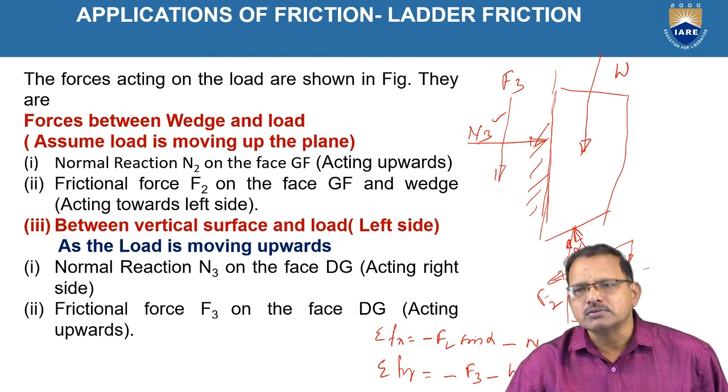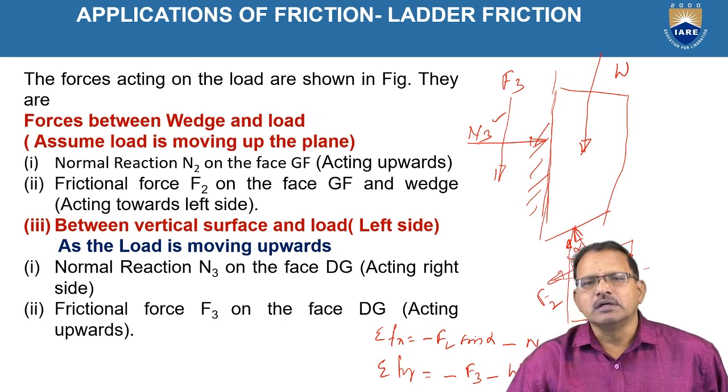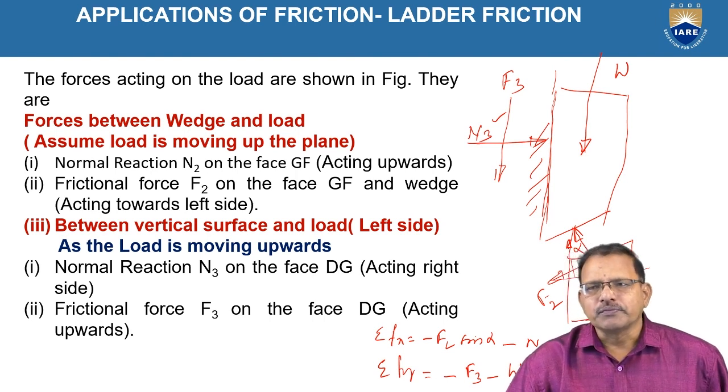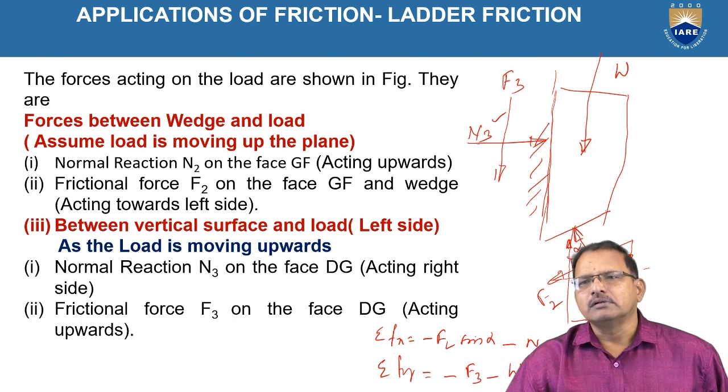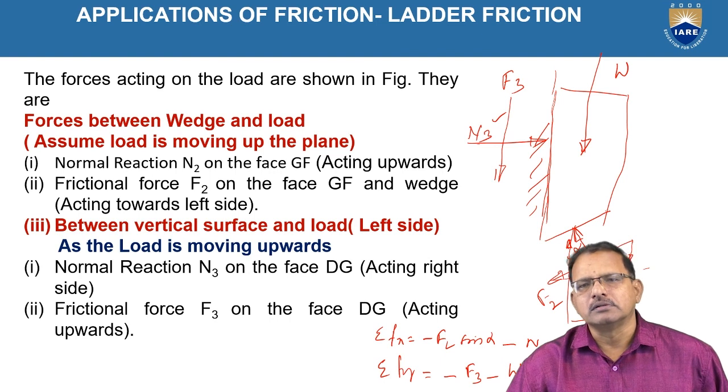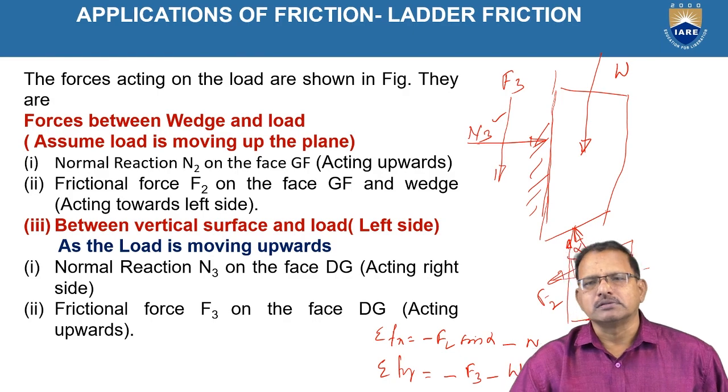But the horizontal tends to slide toward the left side. And frictional force, it is also acting downward directions. When it is resolved into two components, the vertical component is acting downward directions and the horizontal component along the left side. Applying equilibrium equations, that is sigma Fx is equal to 0, sigma Fy is equal to 0, we can determine the minimum force that is required to lift the load W in upward directions.